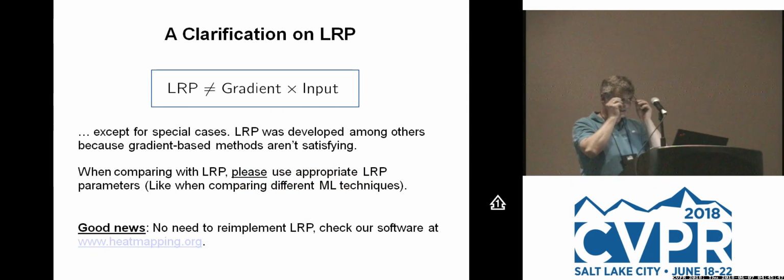Very important, we've been annoyed in the past by people saying that LRP was gradient times input. No, it is not. I think we very clearly pointed out that they're different rules, and we should use the appropriate LRP rule for our particular network, if we have a ReLU network, or if we have a conv network or whatnot.